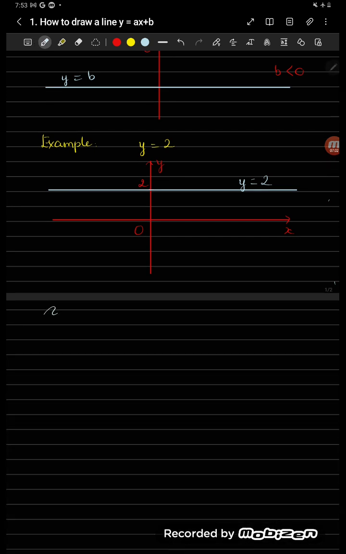So let's go to case 2. We already have y equal to something. So what if we have an equation of a line that is x equal to something? How can we draw it? Here we always have 2 variables, right?